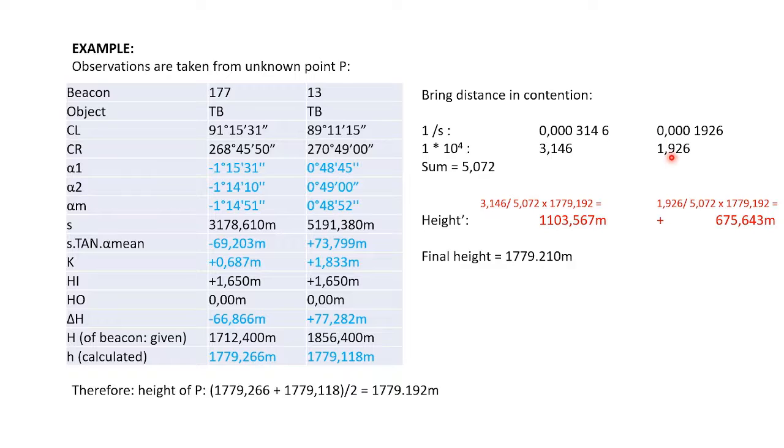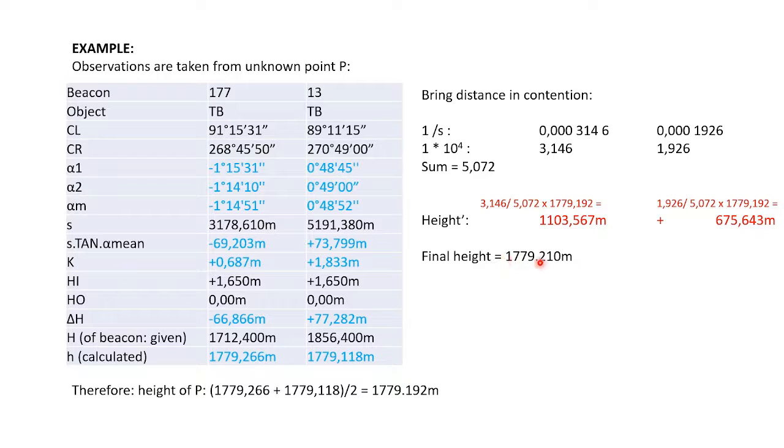Then you say 1.926 divided by the total times this value, and it gives you another height. If you add these two together, it will get you a new final height. Now if you had 3 columns, then you would have 3 values added. You would say those 3 values divided by the total, and you get 3 different values, and you add up those 3 different values, and it gives you a final height.